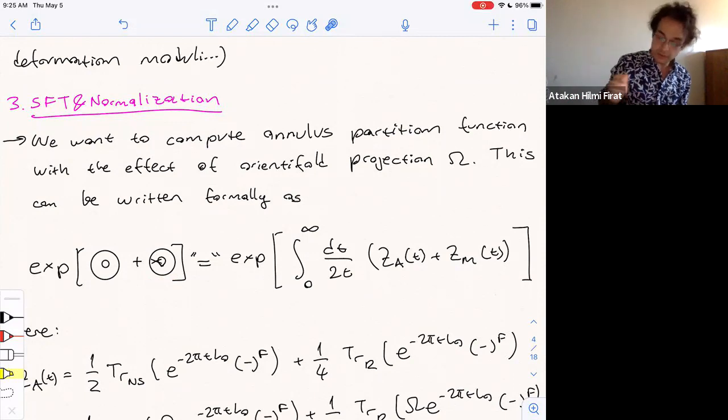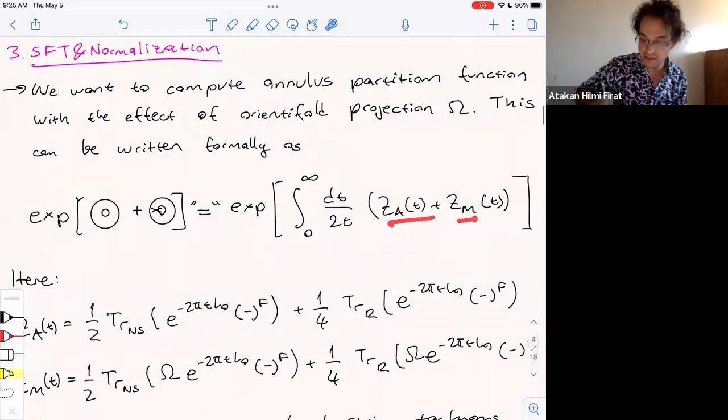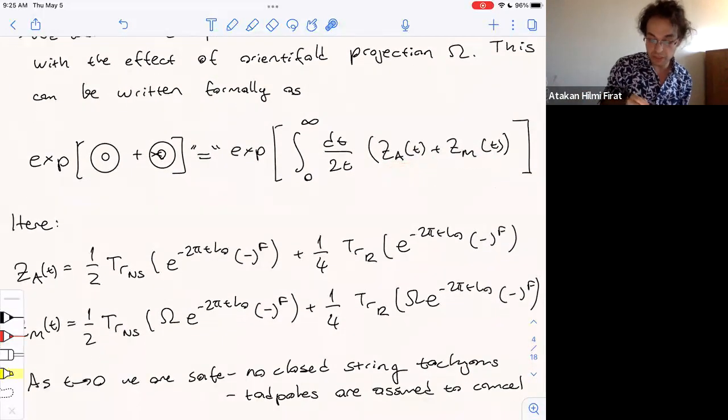And the first thing you will write from the worldsheet perspective will be this. That is, you do some modular integration and you consider ZA and ZM, which are defined by the trace over NS and R sectors.